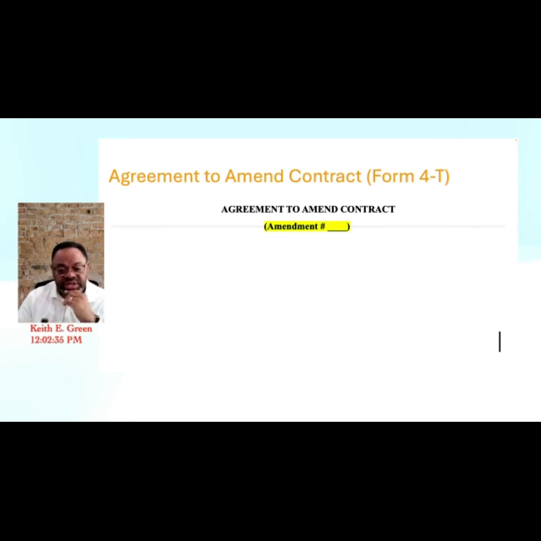So it helps you identify which amendment it was. That's the first change to the agreement to amend contract: it gives you a place to put what amendment number this is.